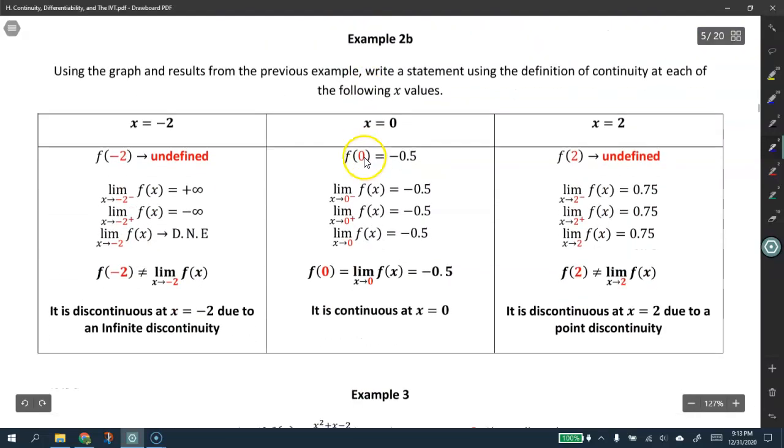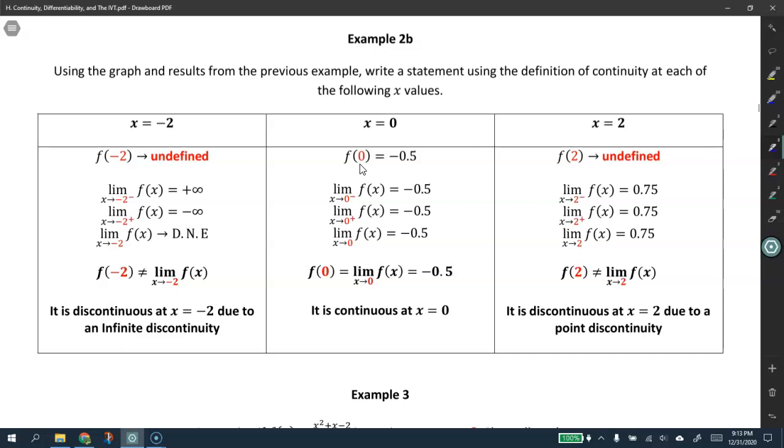Now, what we're going to do is take a look at a few of the points on the graph above and make a few conclusions about whether something is continuous there or not.